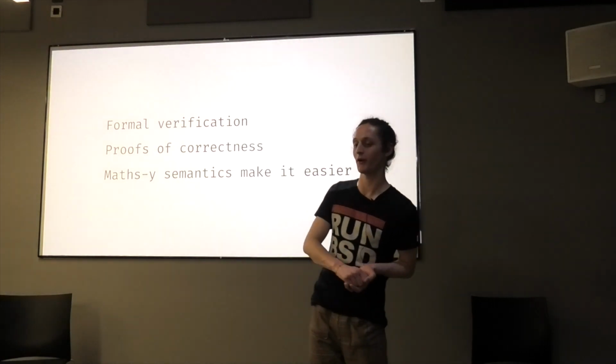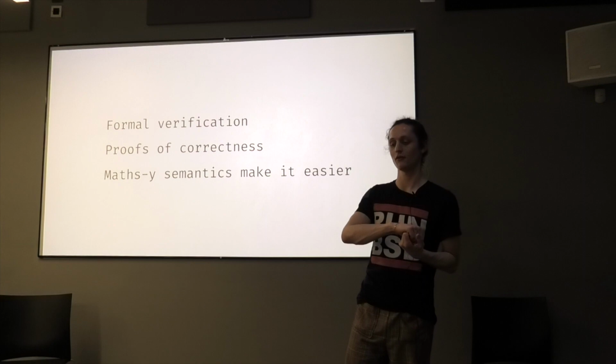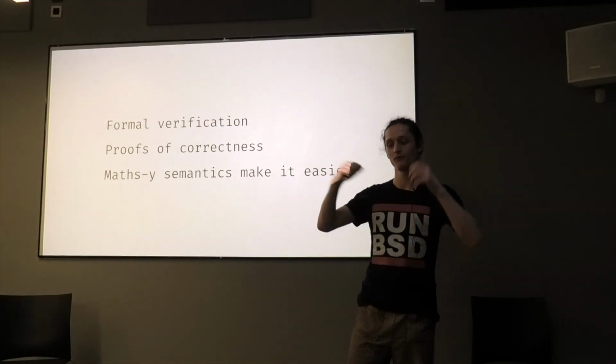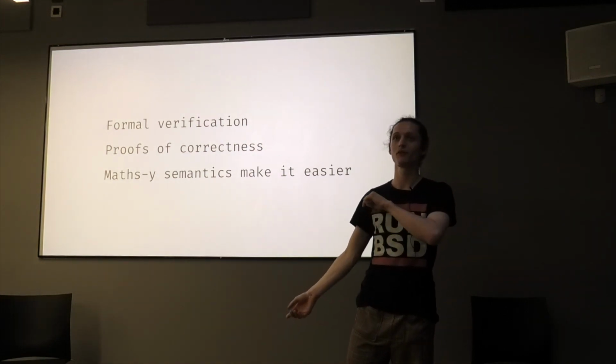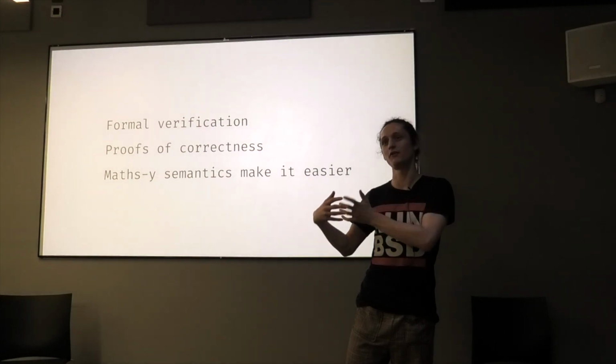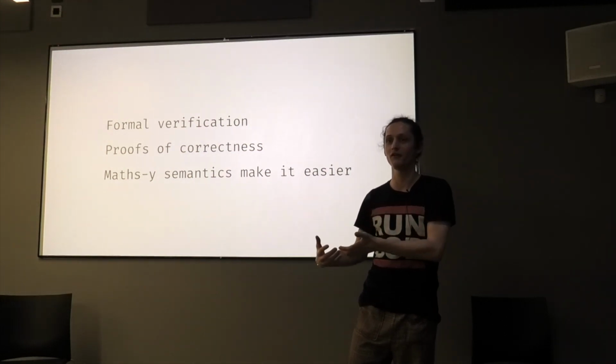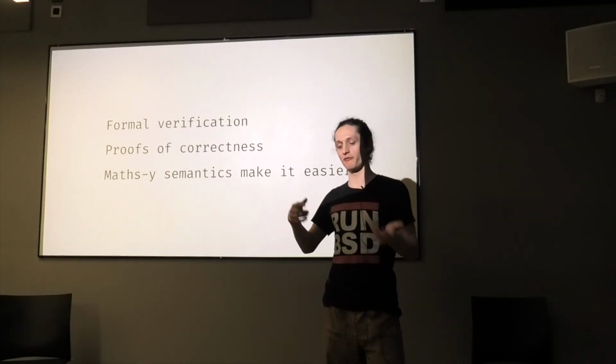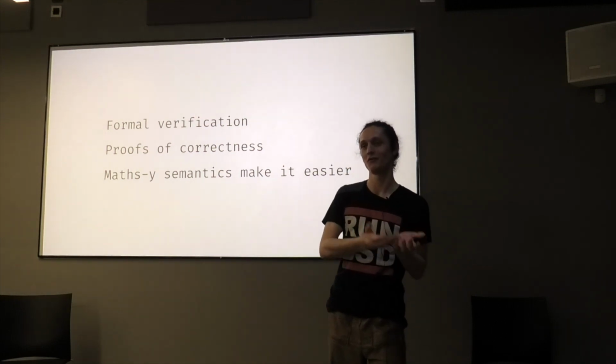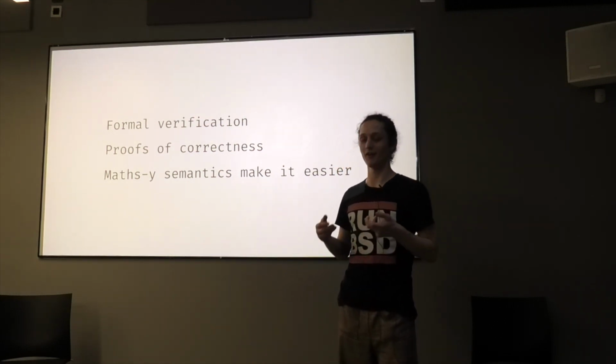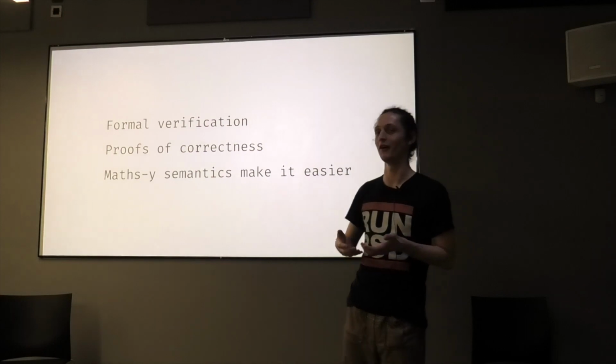In comparison, a language like Haskell has the advantage of already having strictly defined, very formally defined semantics. So converting your code into a mathematical model of your code is something the compiler can do for you in a lot of cases.